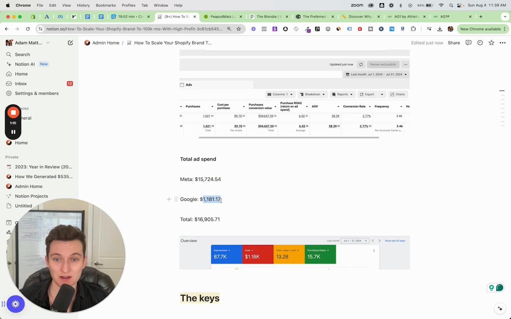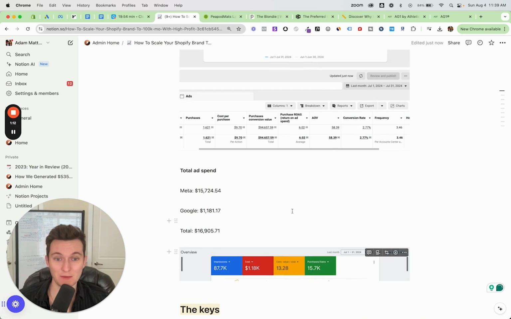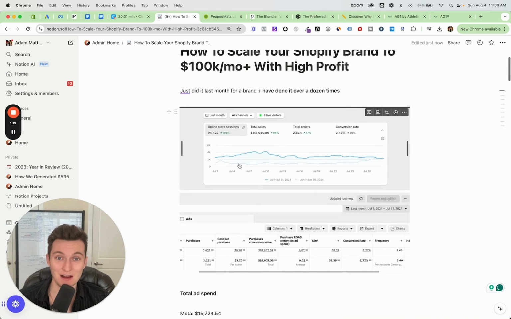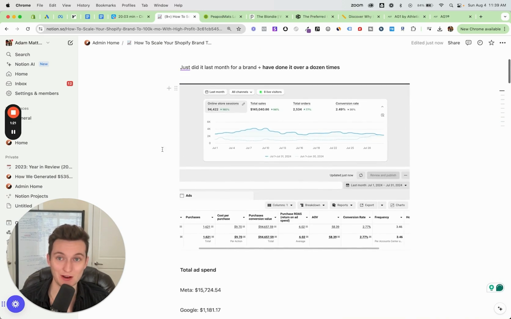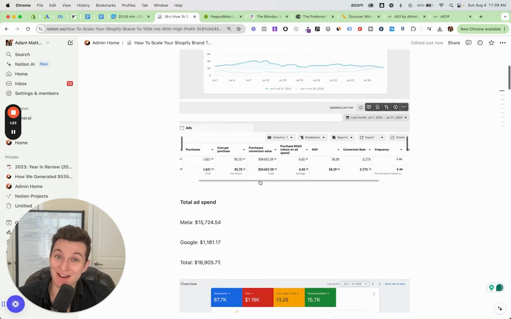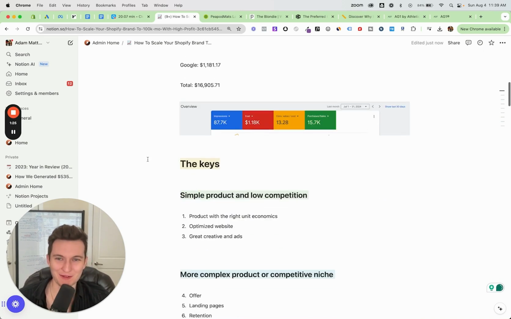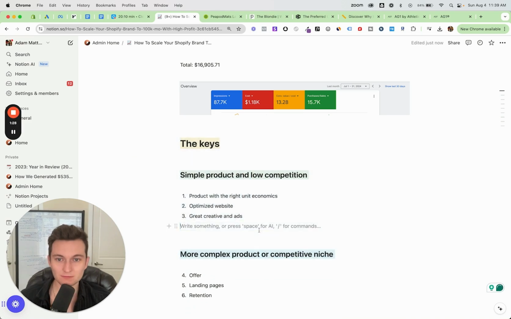Over on the Google side, I spent $1,100 and then brought back a little over $15,000 with over 13x. So total ad spend was $16,905 and their total revenue was $145,000. So fair to say, very high profit. So yeah, we're going to be walking through the keys. So let's get into it.